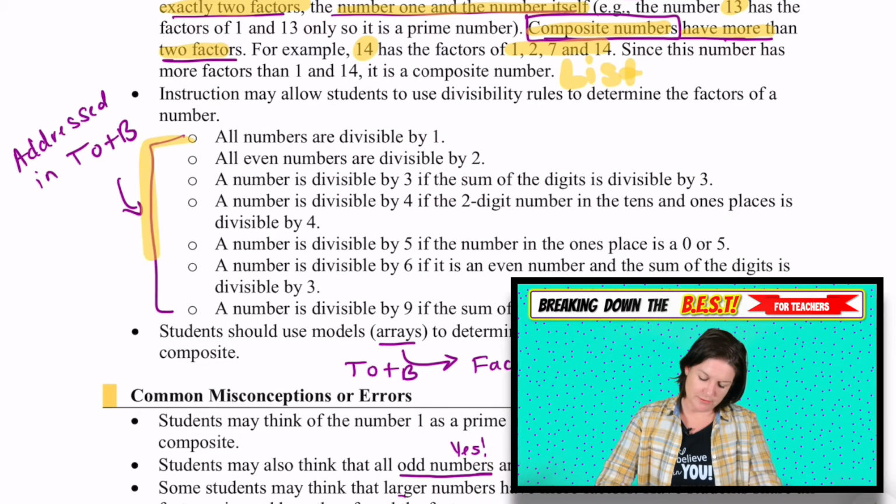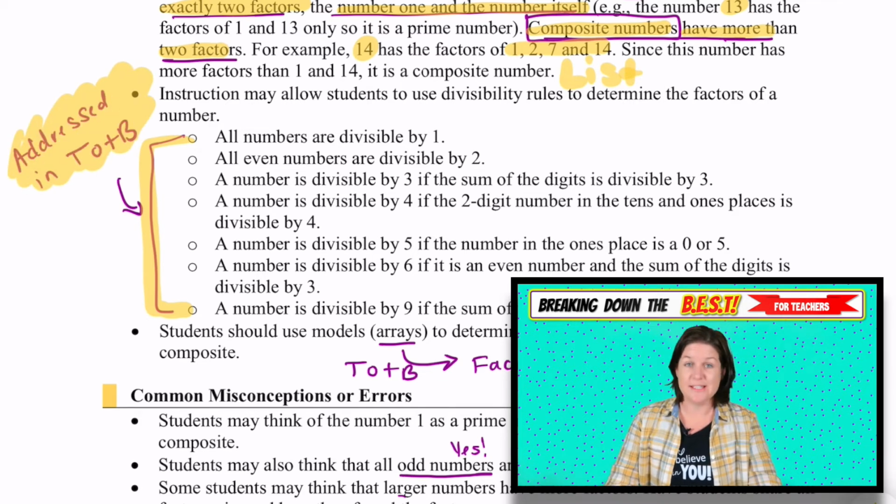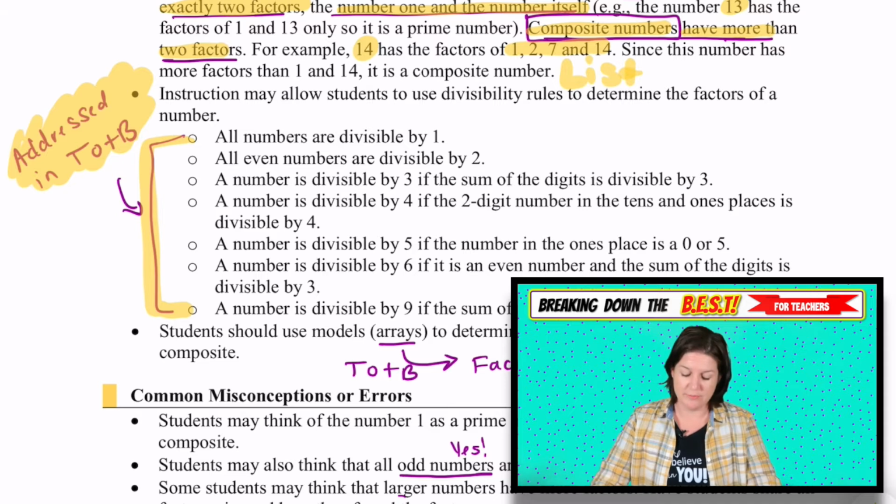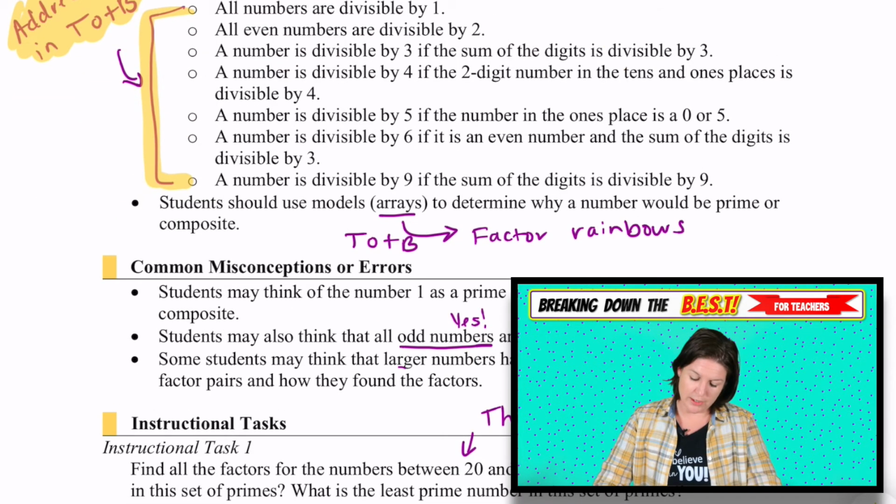These are some divisibility rules right there, which you can take a look at, but I also want to let you know we totally address these in Taking on the B.E.S.T. They have their own video lesson where we talk about the divisibility rules. Students should model arrays, which we do in Taking on the B.E.S.T. to determine why a number would be prime or composite.